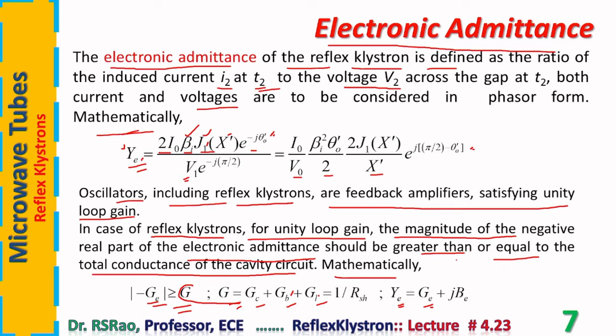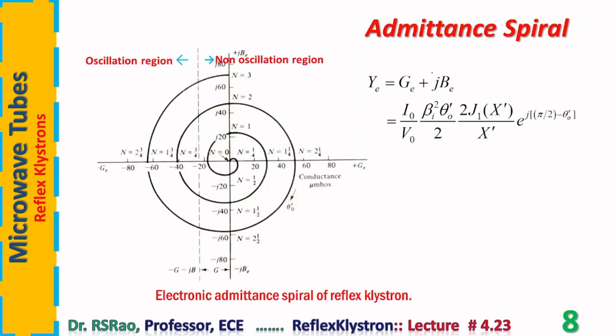This criteria has to be satisfied by the reflex klystron if it is to give oscillations. The criteria applicable in case of klystron oscillators takes the shape of minus GE magnitude should be more than or equal to G.